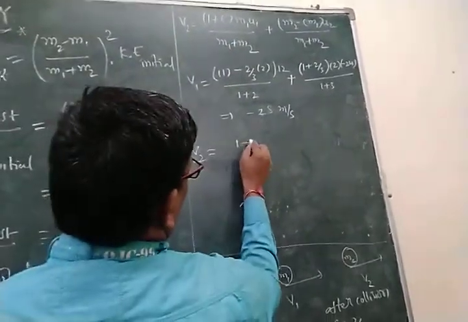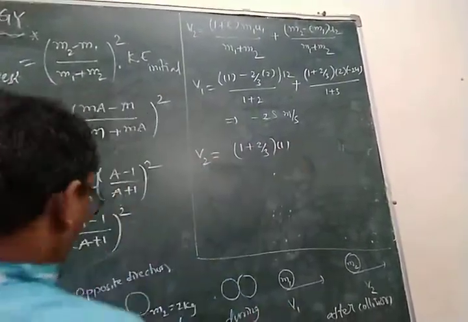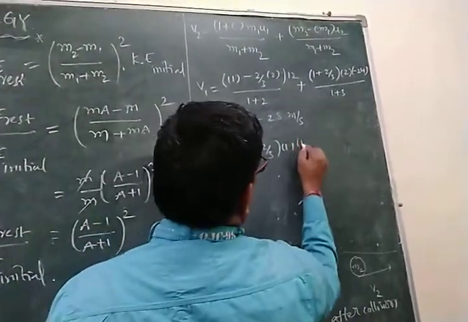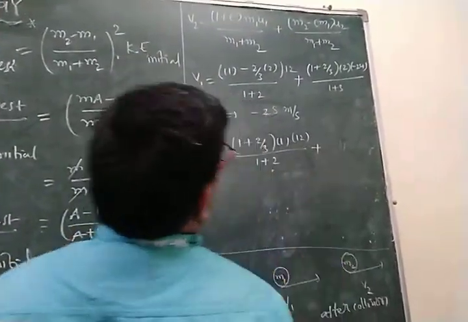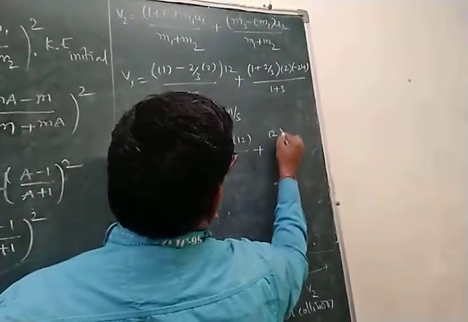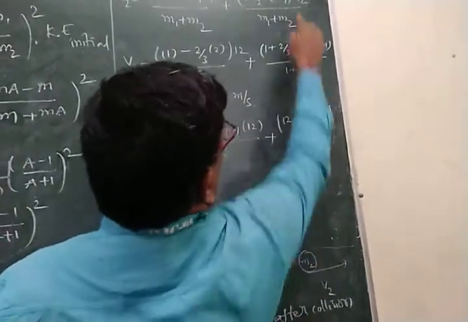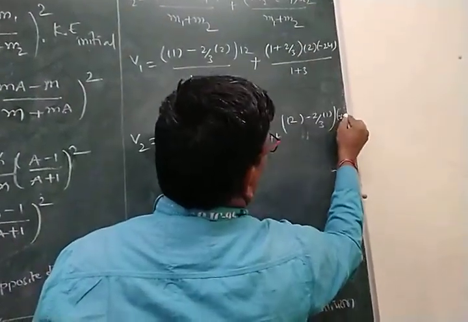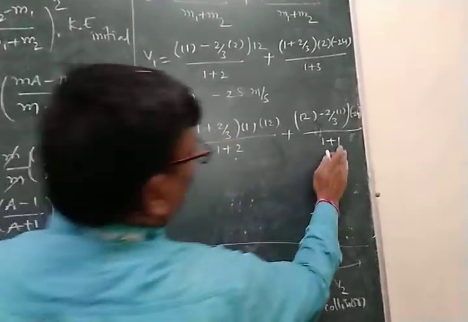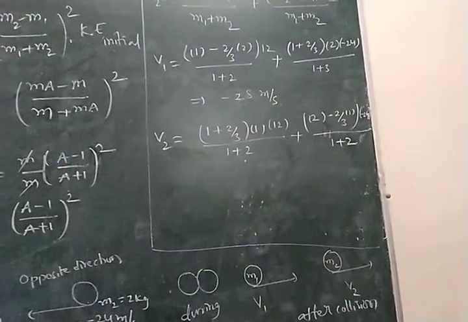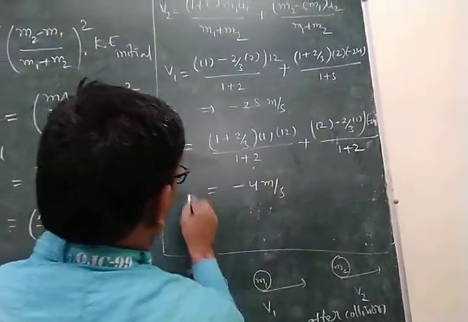Substitute here: 1 plus e is equal to 2 by 3, into m1 which is 1 kg, u1 is 12, divided by m1 plus m2, that is 1 plus 2, where m2 is equal to 2 kg, minus 2 by 3 m1 into 1 kg into u2, which is minus 24, divided by 1 plus 2. Solving, we get the answer: it is equal to minus 4 meter per second. This is the v2.